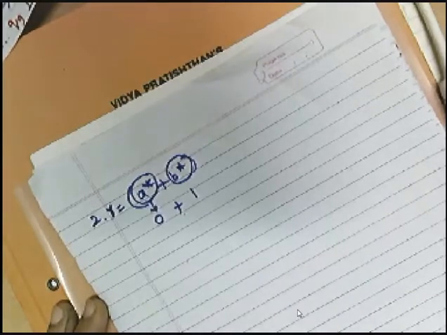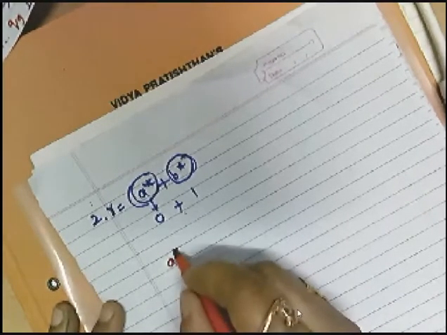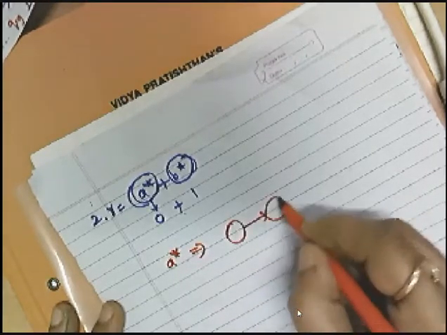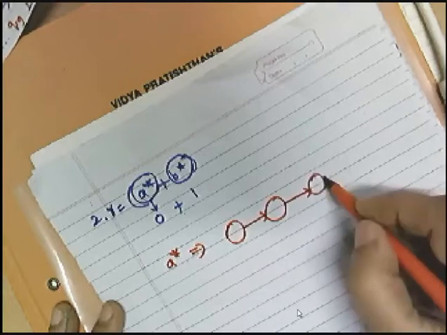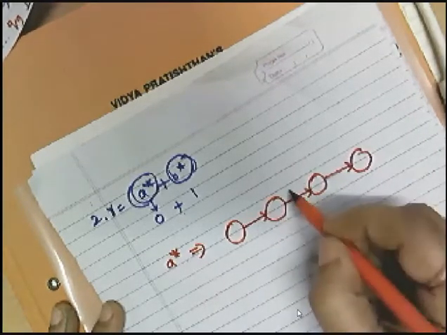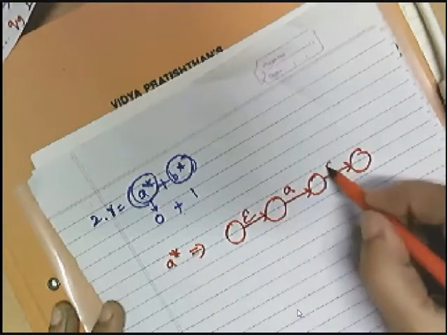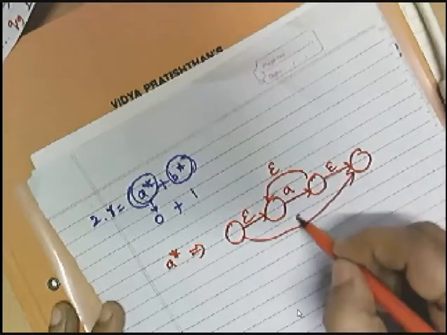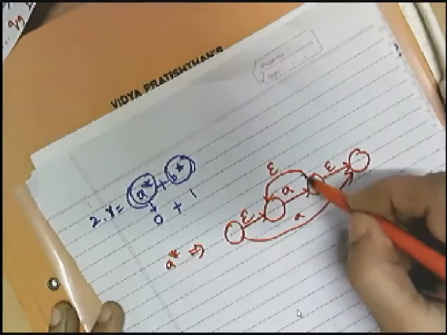So how will we represent A star? Our A star will have 4 states. So this is A, epsilon move, epsilon move, epsilon move, and epsilon move. This is my A star, right?